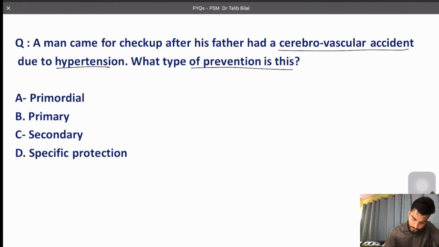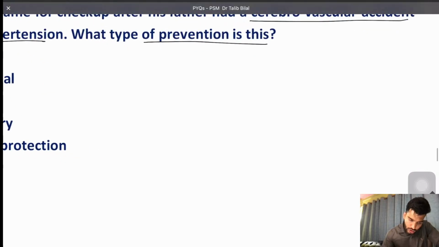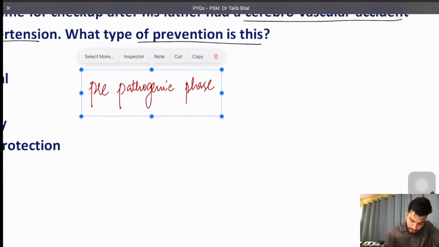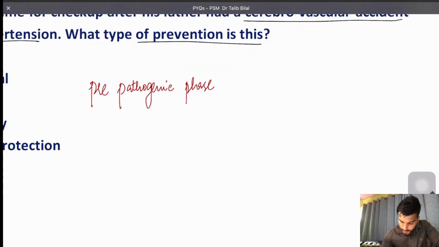Yes, most of you are right. Good. So let's discuss this topic. If I talk about the pathogenesis of the disease, we have two phases: the pre-pathogenic phase and the pathogenic phase.